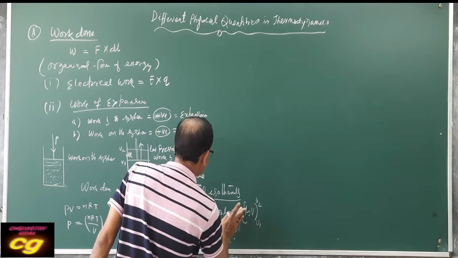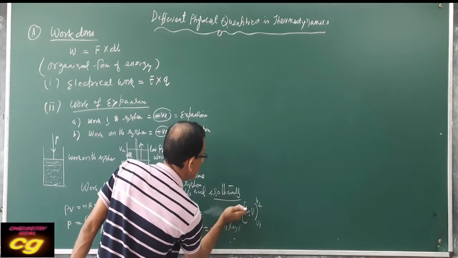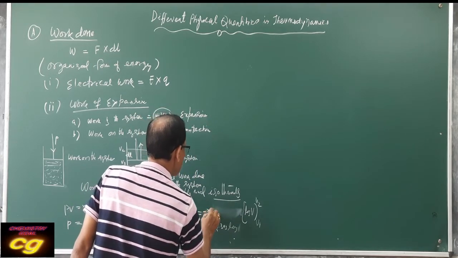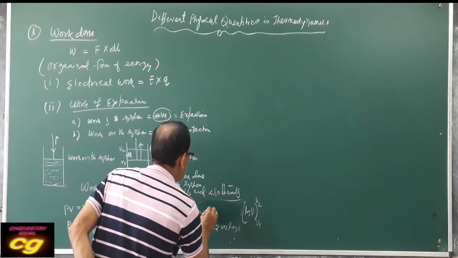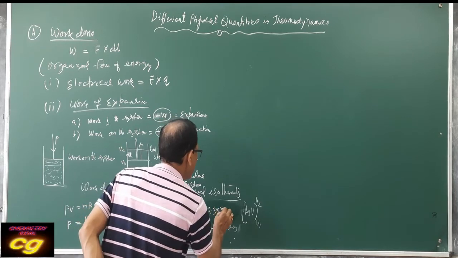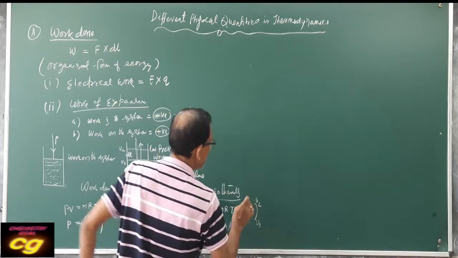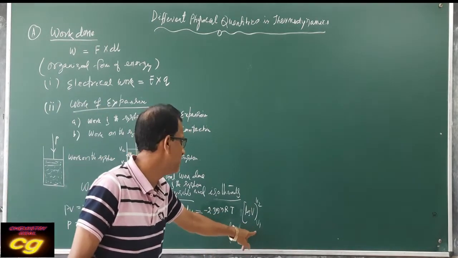You can write this equation clearly as minus 2.303 nRT, then log V, then limit is V1 to V2.